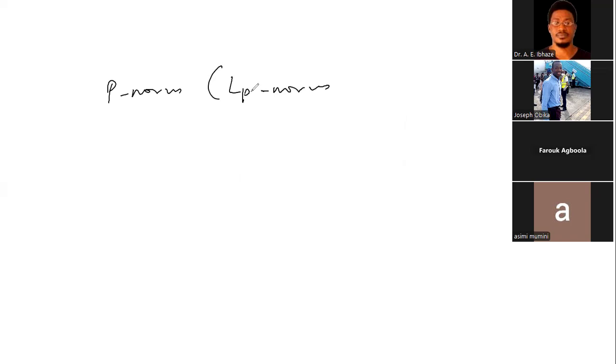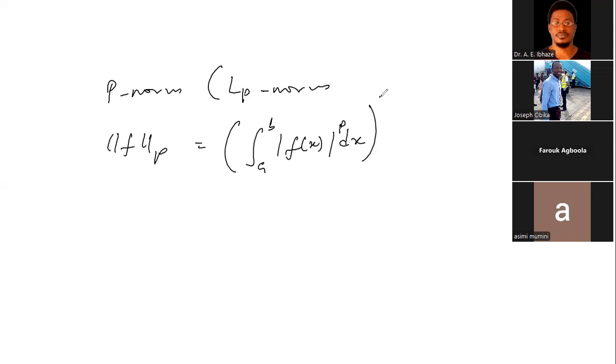So the most common norms in function approximation are the P norms, usually defined as the P norm of f being the integral, with integral limits taking on values from a to b, of the mod of f of x to the power of p dx, all to the power of 1 over p.